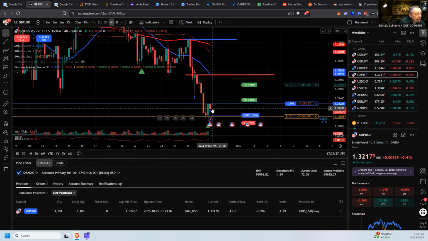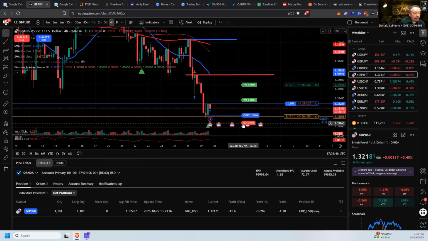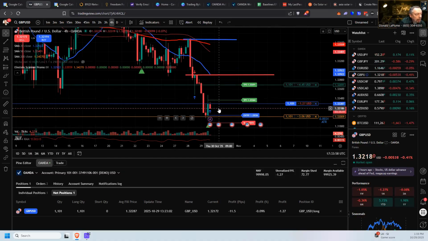If this comes down to my stop loss before it goes up to my current take profit, then it's automatically going to kick me out unless I cancel that. But you can cancel it, or you can keep it there for security or safety. Either way, I'm with you. I think it's going to go up, and we are going to hit the take profit.